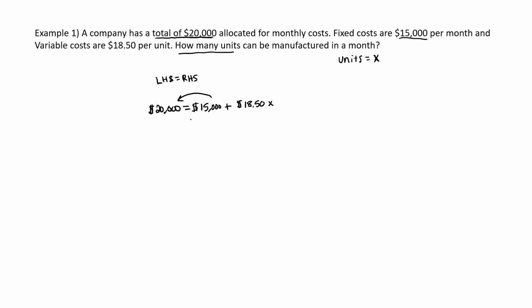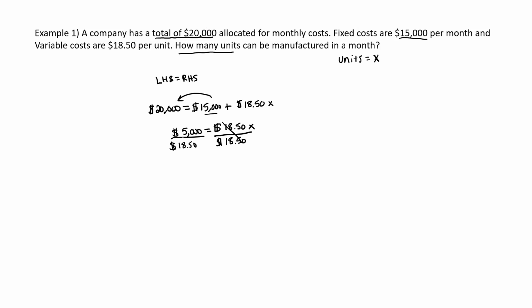We'll first move that over, 15,000. That'll just be 5,000 equals 18.50 multiplied by x. Now we solve for x, so we divide both sides by 18.50. Those cancel.